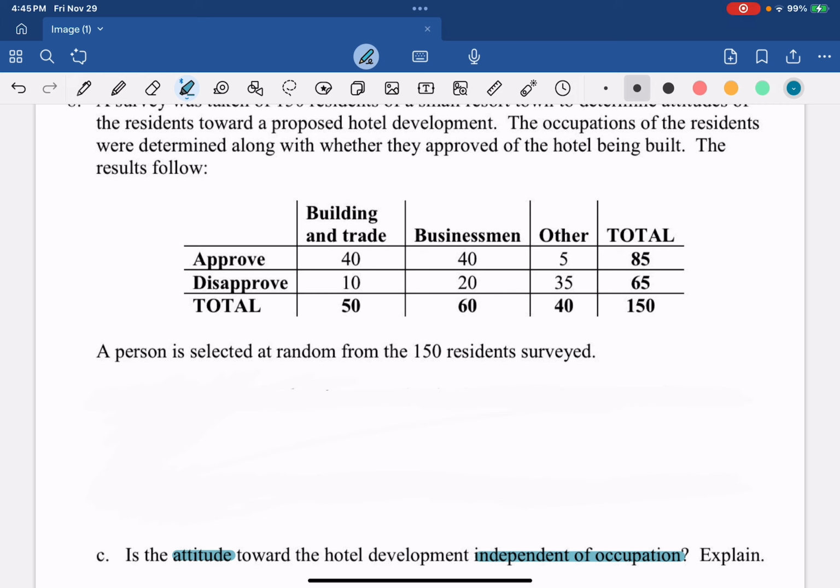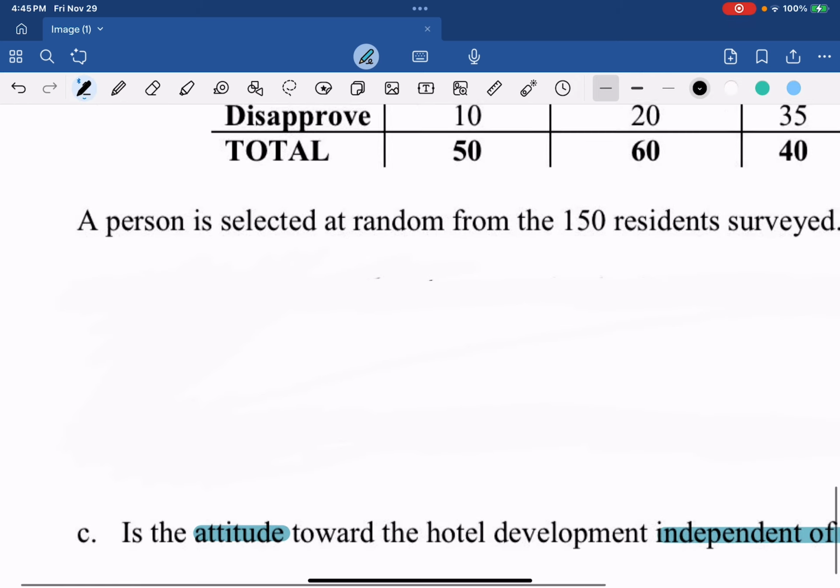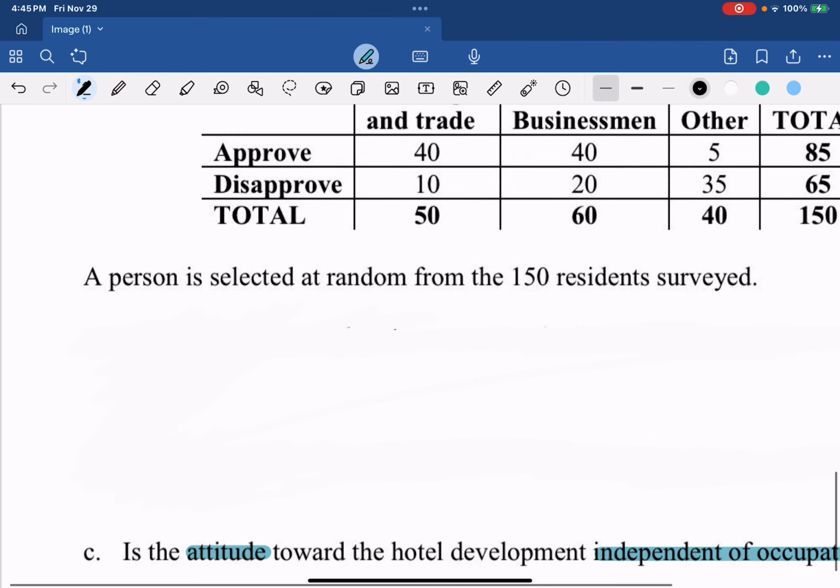So the expected and the actual need to be equal. That would make them independent, basically. So we have to calculate the probabilities. We already found them above, but we're just going to write them again.